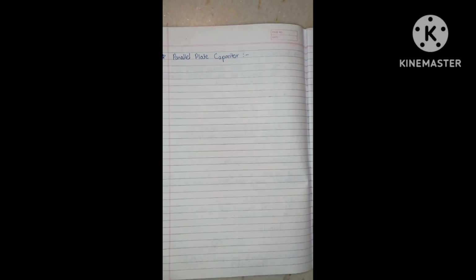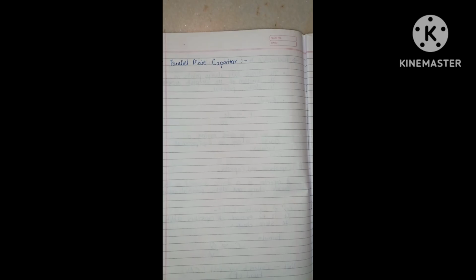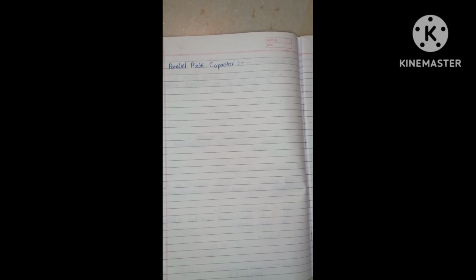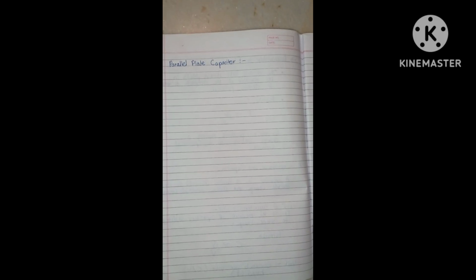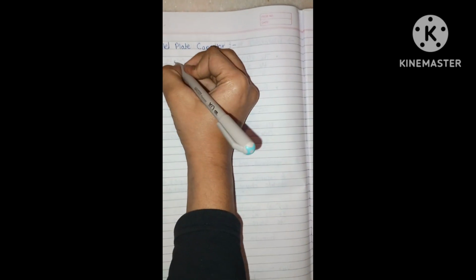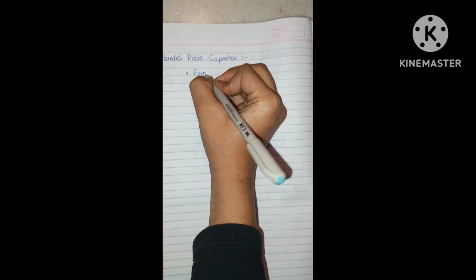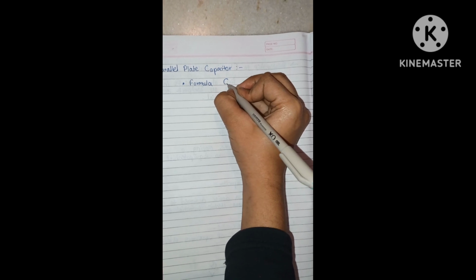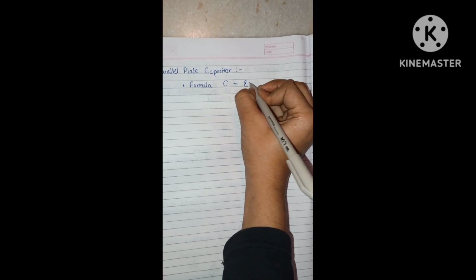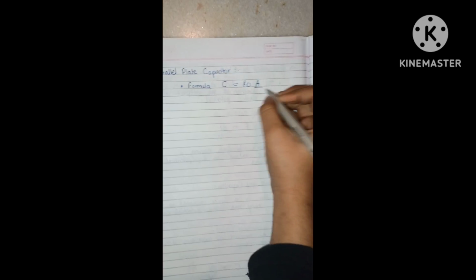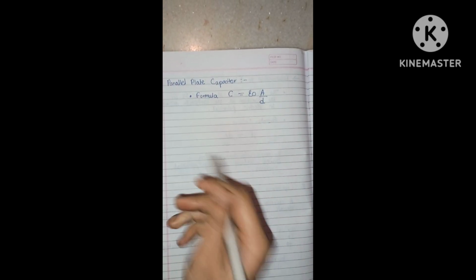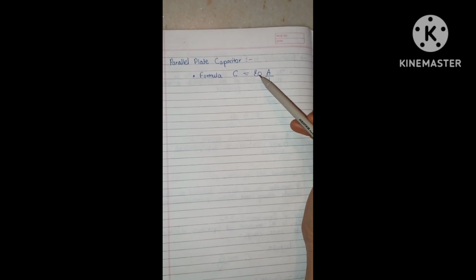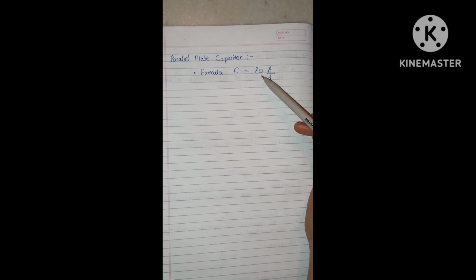So our next topic is the parallel plate capacitor. The most common capacitor is the parallel plate capacitor. Its capacitance depends purely on its geometry. For this the formula is capacitance C equals epsilon naught A over D. So epsilon naught is the permittivity of free space.